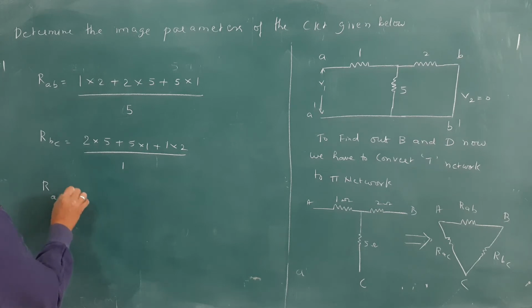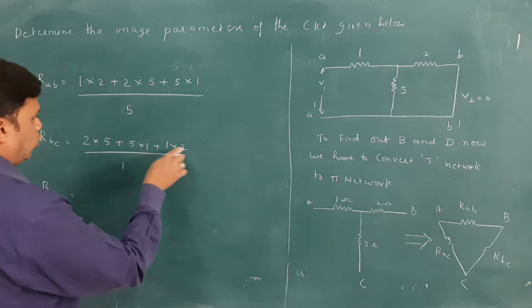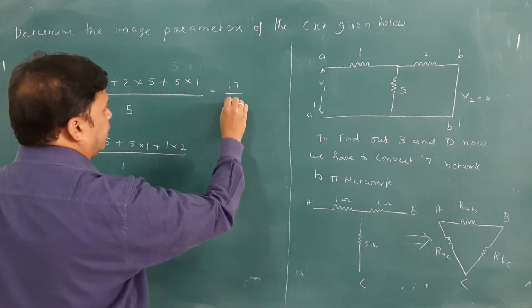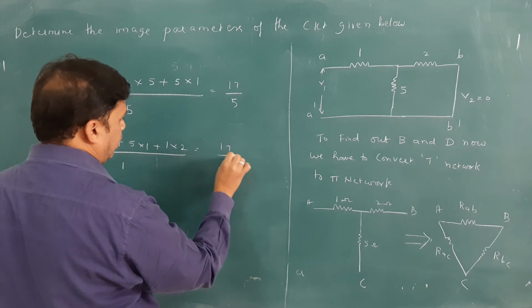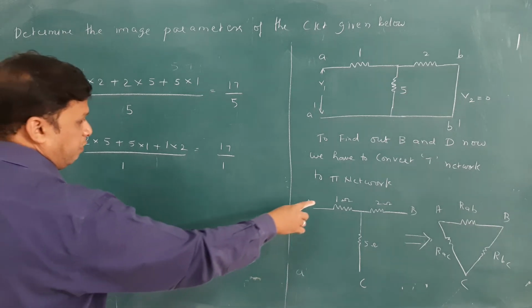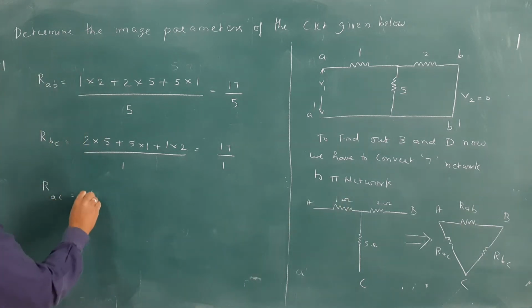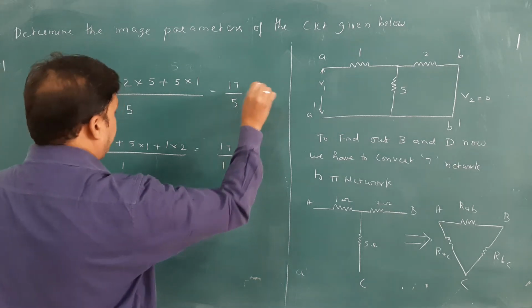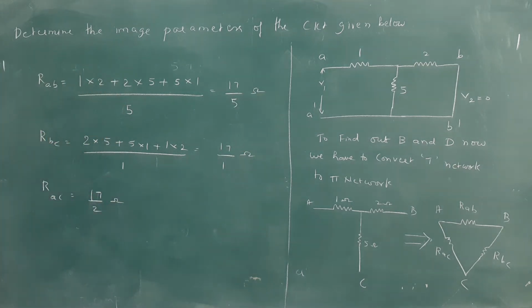For RAC, the numerator remains the same. If you calculate it, it becomes 17 by 5, 17 by 1, and 17 by 2. Why? Because the remaining one is only 2 now. So it is 17 by 2 ohms, 17 by 1 ohms. Now we have got RAB, RBC and RCA.